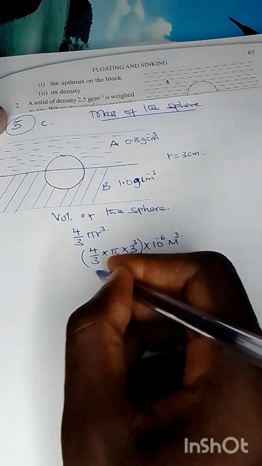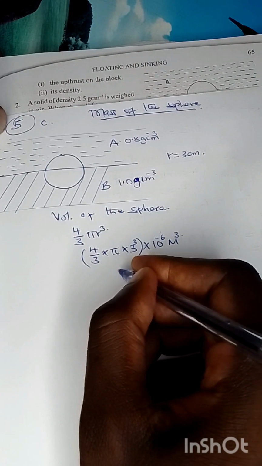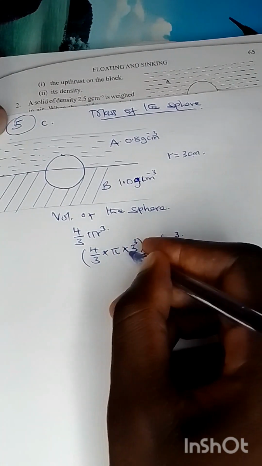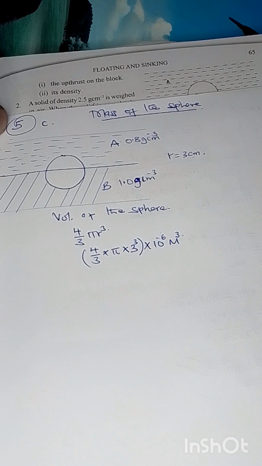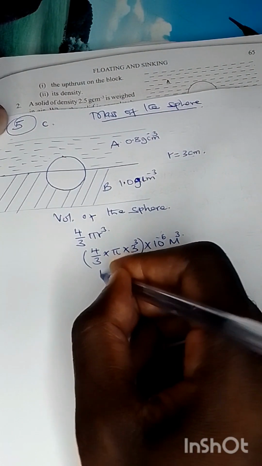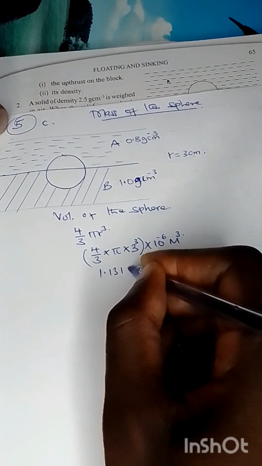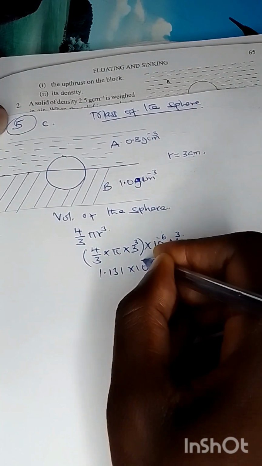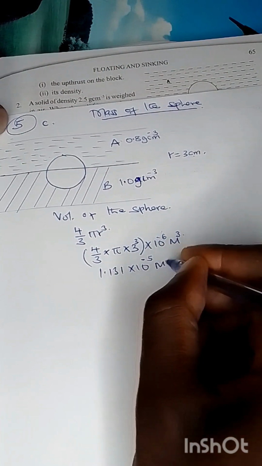So the volume of this sphere is, when you multiply all this using a calculator, 4 over 3 multiplied by pi, shift pi, multiplied by 3 cubed, then 10 to the power negative 6, we get 1.131 times 10 to the power negative 5 cubic meters.